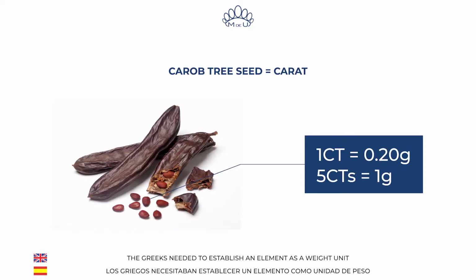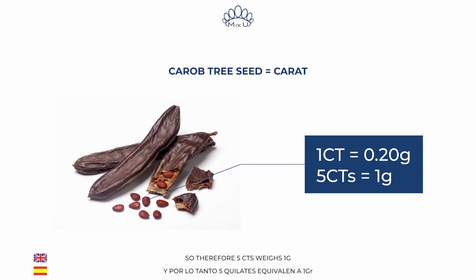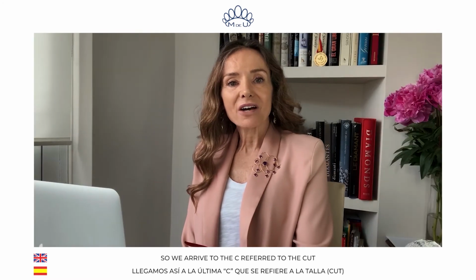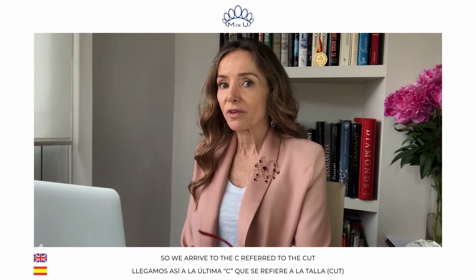The Greeks needed to establish an element as a weight unit, and they used this seed, which weighs 0.20 grams. So we can say that 1 carat weighs 0.20 grams, and therefore 5 carats weigh 1 gram.